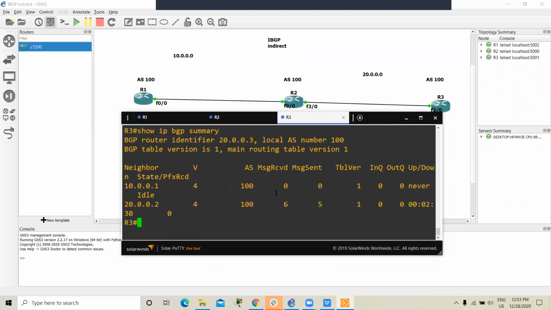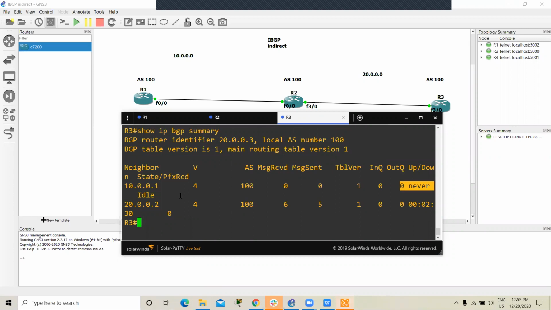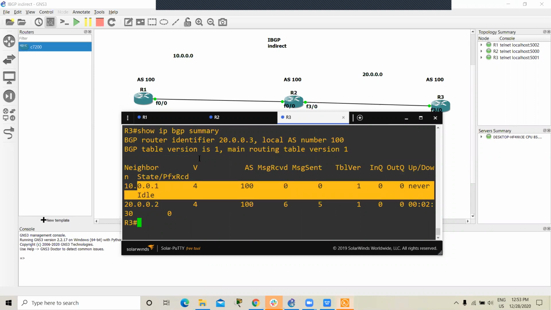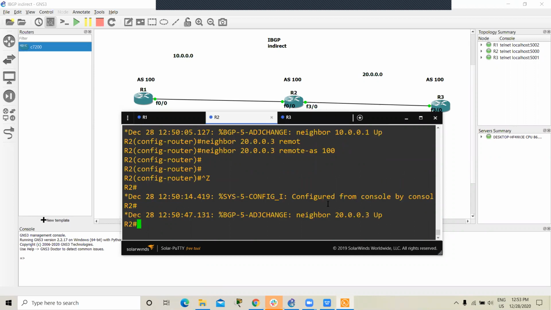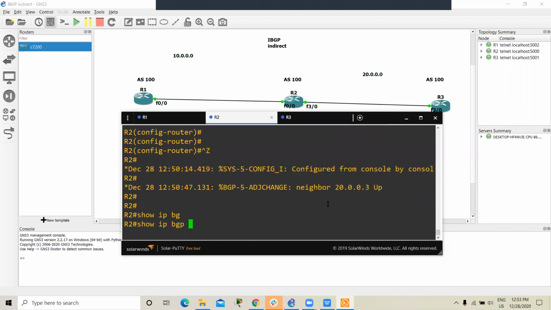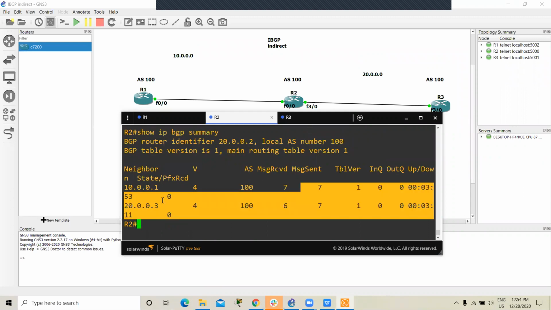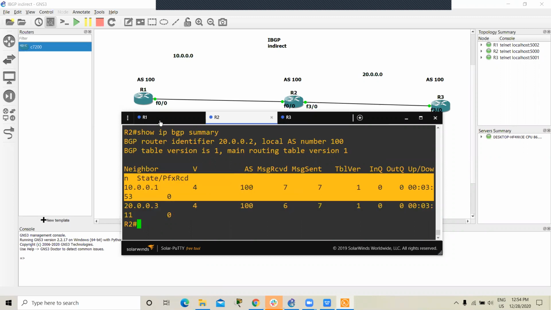Only 20.0.0.2 is our neighbor and 10.0.0.1 is in the idle state. On router 2, router 3 and router 1 are both reserved for us.